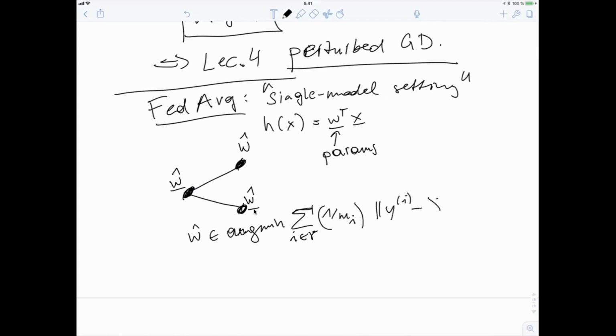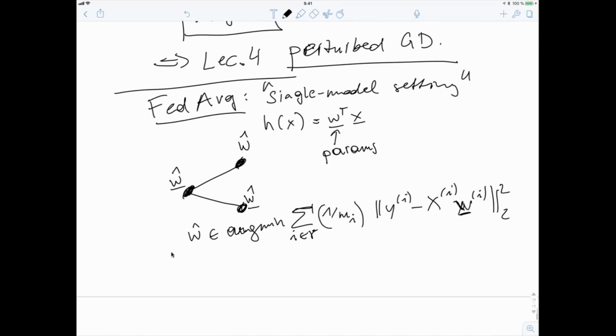So the local loss is the same as before, a local loss for a linear model. Note that we have now a separate model parameter for each node. So how does this go along with training a single model? Well, we enforce that they are all the same in the constraints.